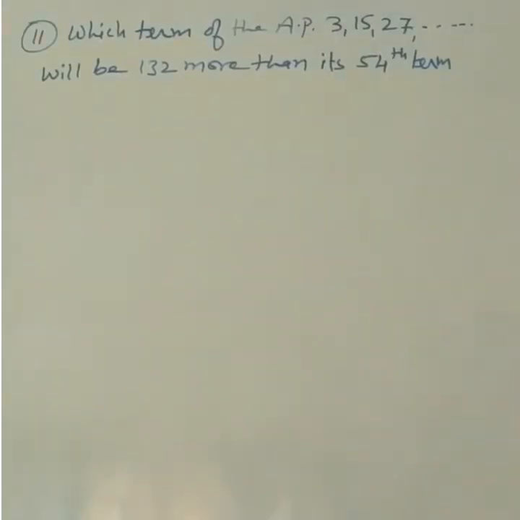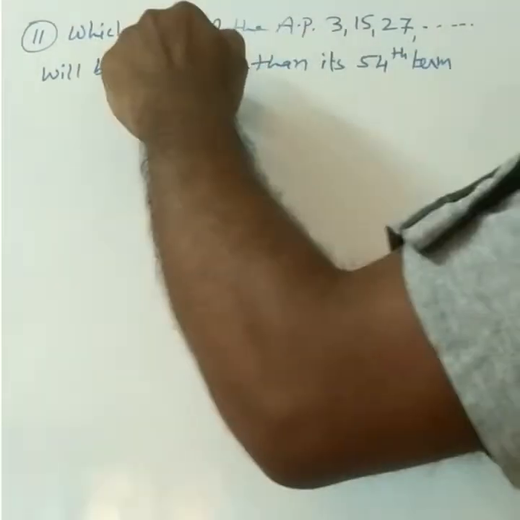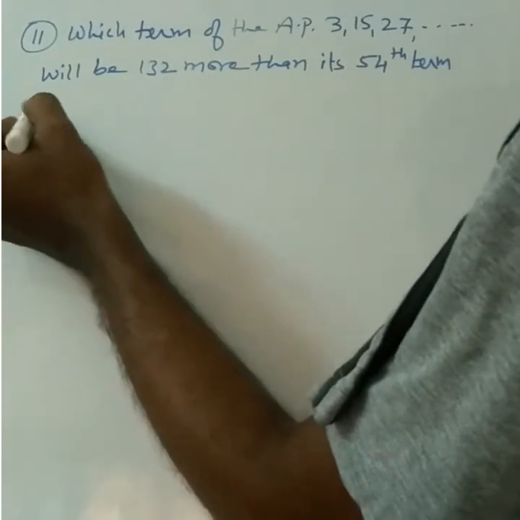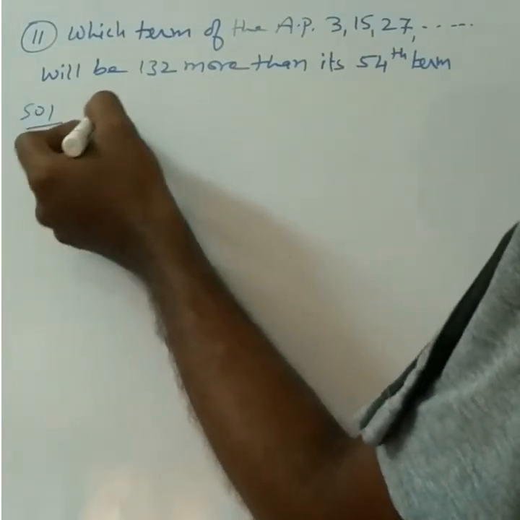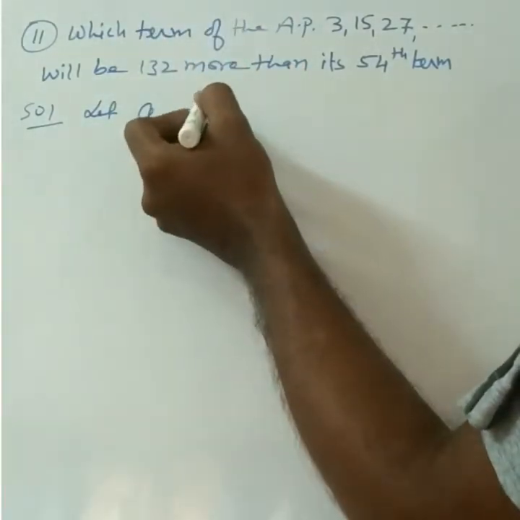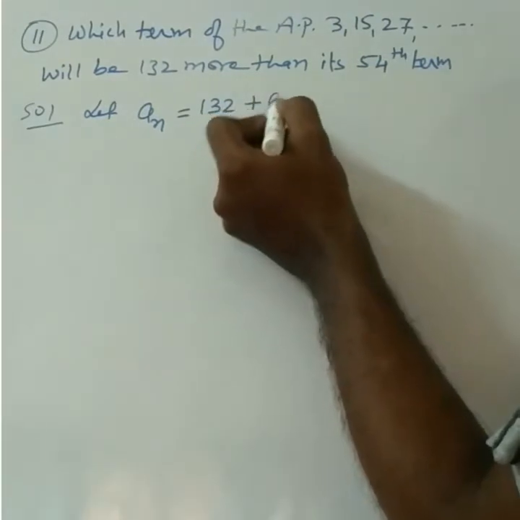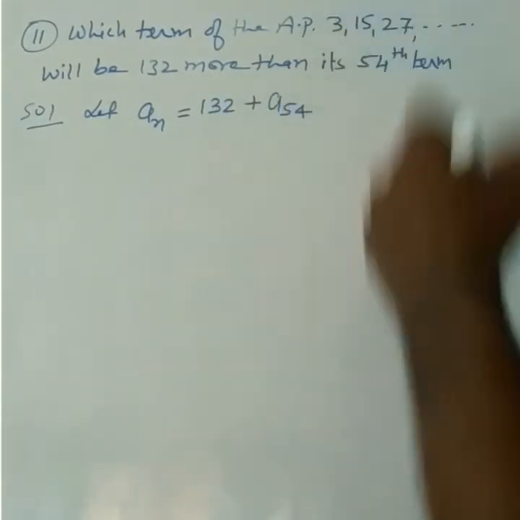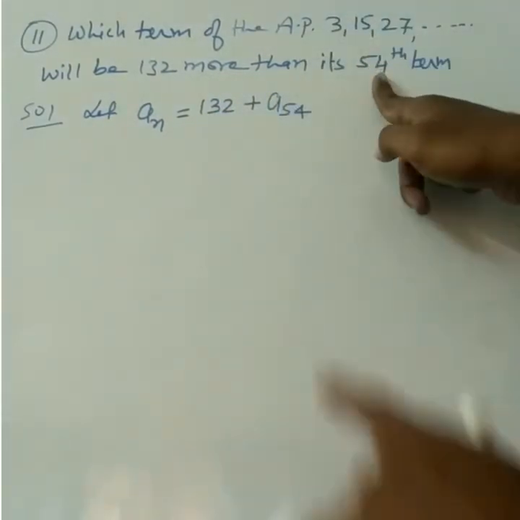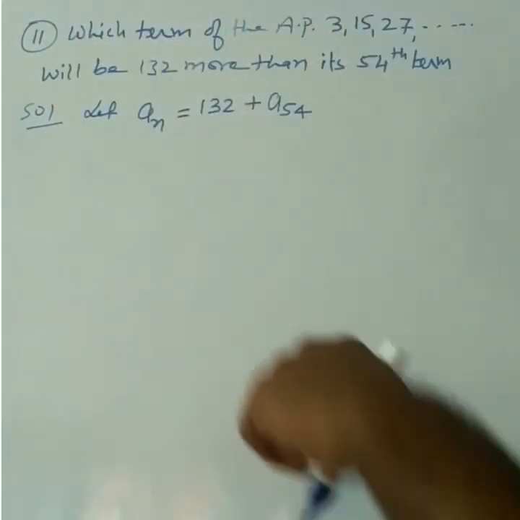Here it is given which term of the AP will be 132 more than its 54th term. Which term means nth term. Let AN be 132 more than the 54th term, A54. Now when the 54th term is increased by 132, it becomes equal to the nth term.